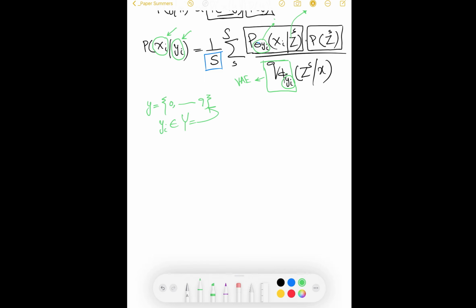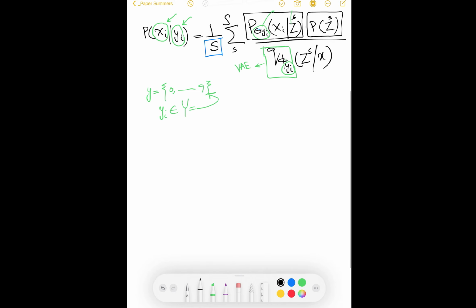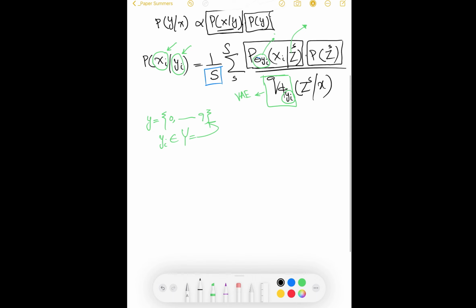So in this way, using the importance sample, we calculate the likelihood. So for the likelihood, we can rewrite it like this: arg max p of x given y times this, right?